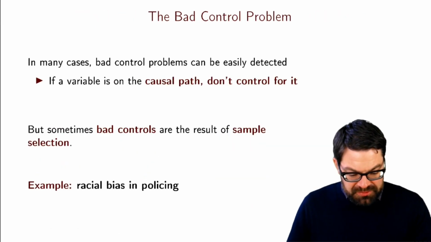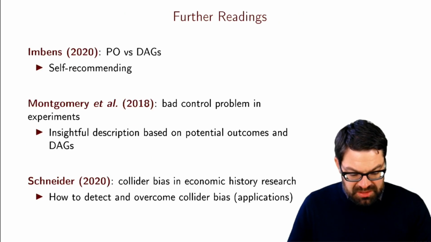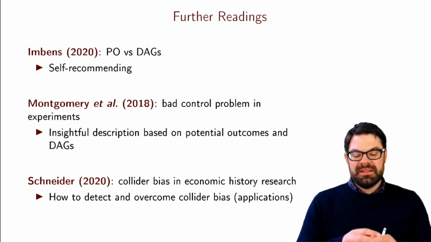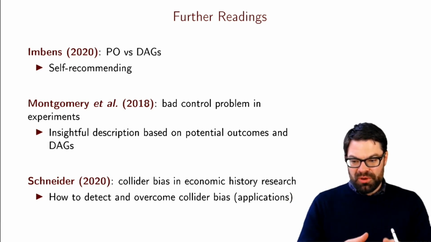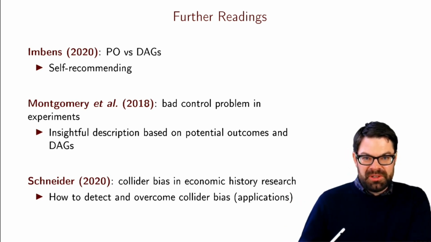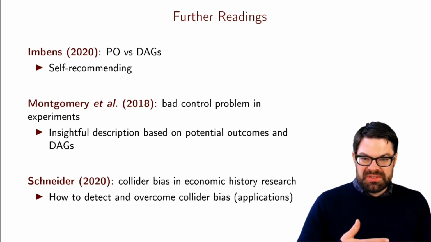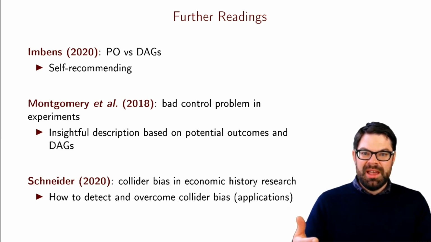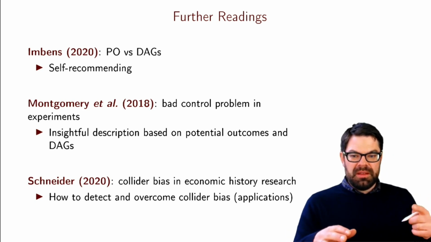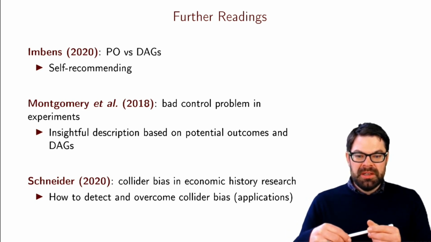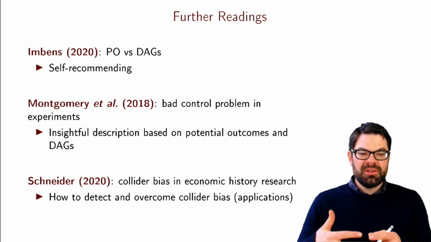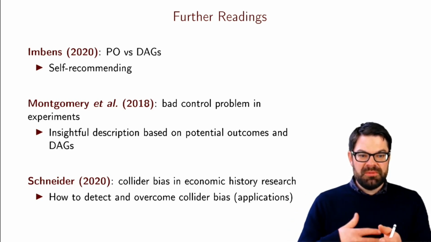Actually, at the end of this slide deck, you will see, now you may say, okay, is this really something that occurs very often? It sounds all too either trivial or too obvious to be a problem. And it turns out it's actually quite common. And so here is a recent paper by Eric Schneider, who's an economic historian and who looked at collider bias in economic history research.